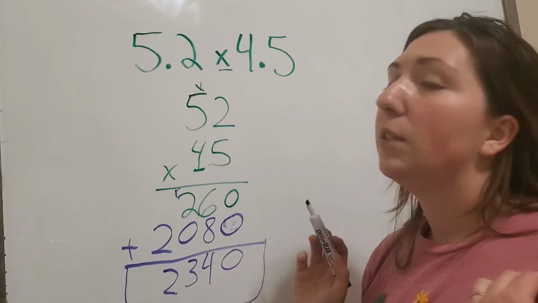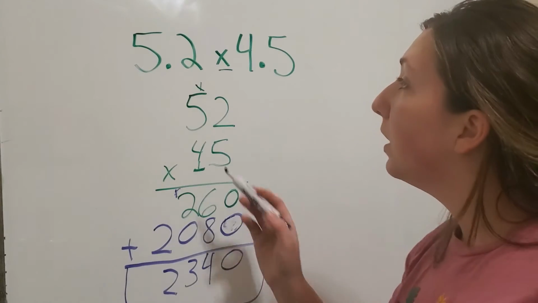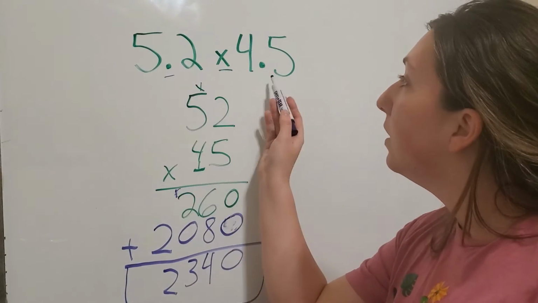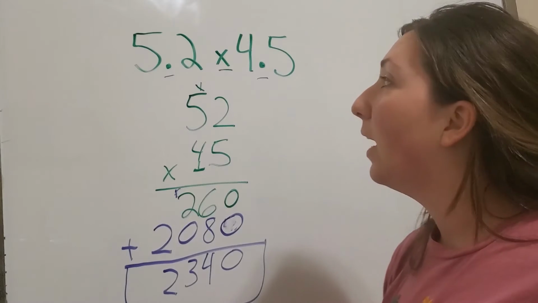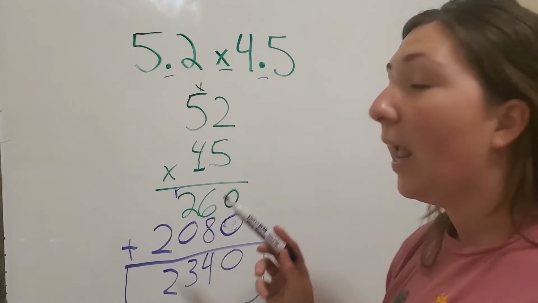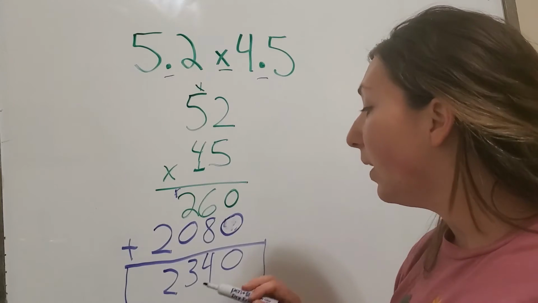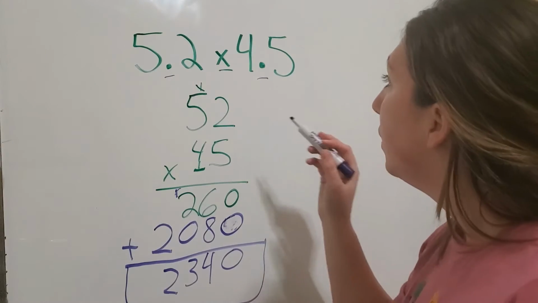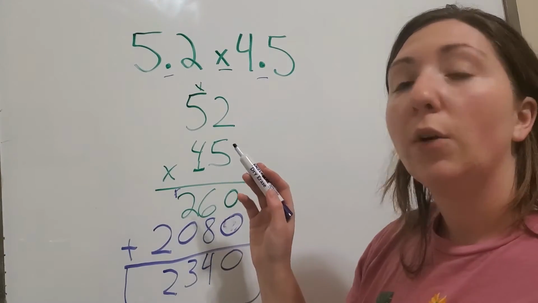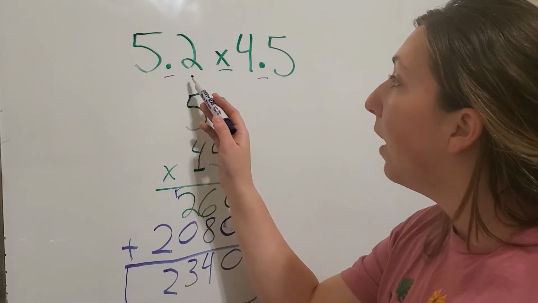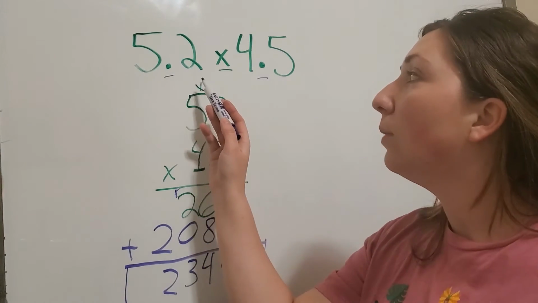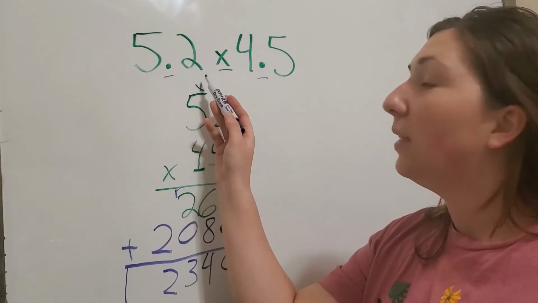It's so important that we do not forget this. The decimal point, okay? We now are going to worry about that decimal point, but we can't forget it, even though we're going to do it at the end. So what we do is we look at our original numbers. In 5.2, how many numbers do we have behind the decimal point?